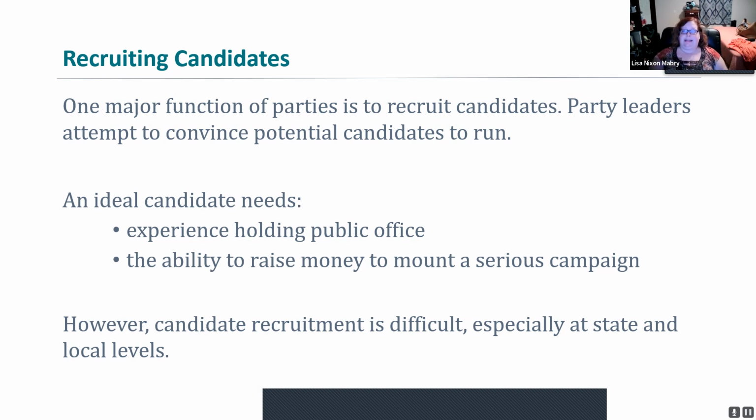So if you can't bring yourself to make that hard ask, which is what that's known as, the hard ask, then you're not going to make it as a candidate. It's sort of the ugly part of being in politics, really, that a lot of candidates are very uncomfortable with.